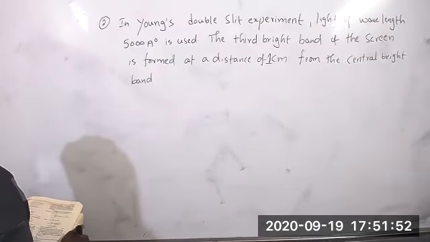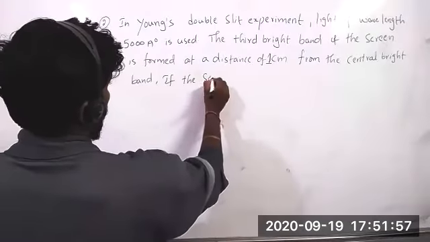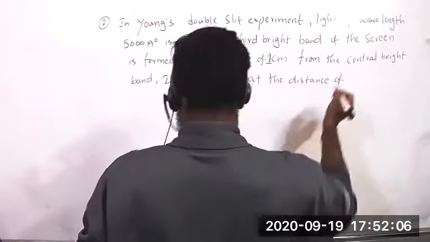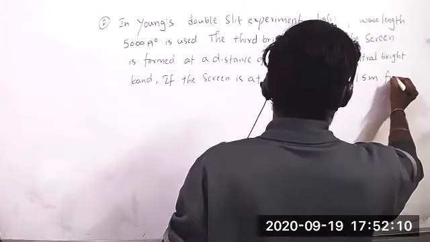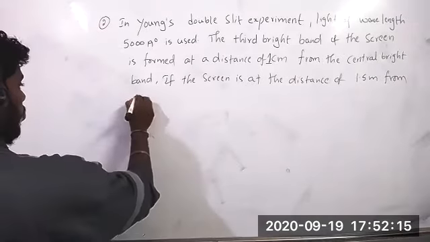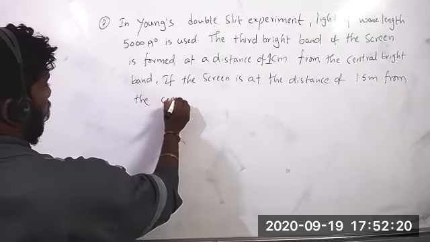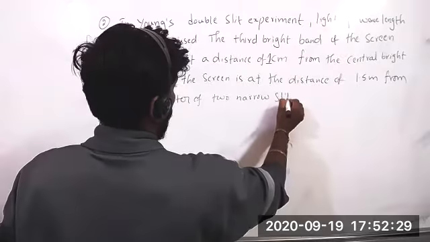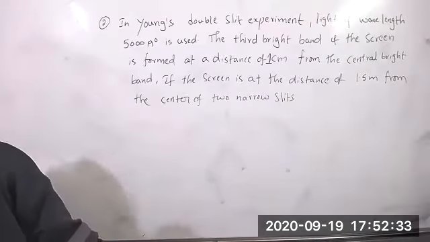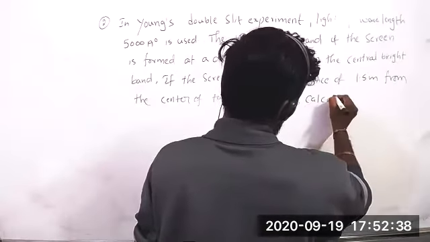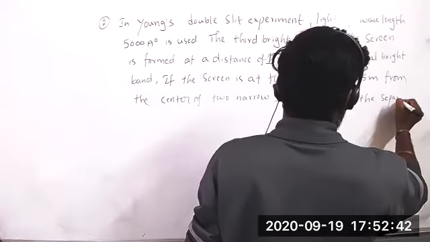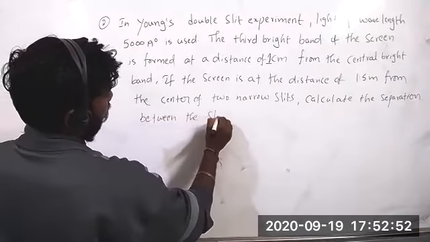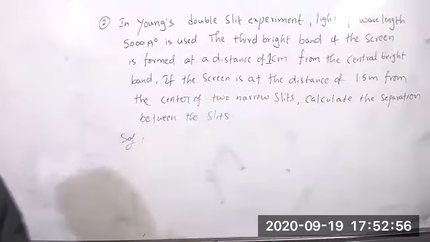If the screen is at a distance of 1.5 meters from the center of two narrow slits, calculate the separation between the slits. Try to solve it.